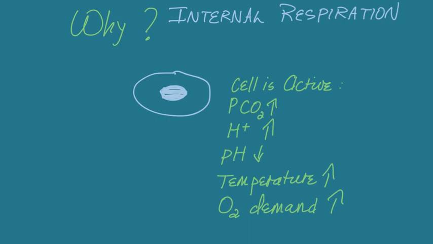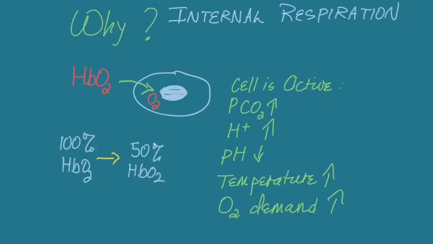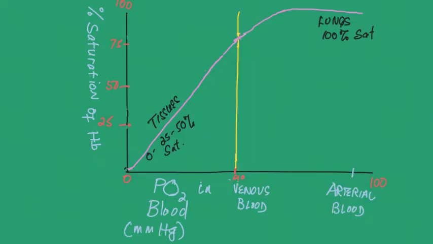This allows the hemoglobin to release more oxygen molecules into the cell. So if the oxyhemoglobin started out with 100% saturation of oxygen, it may end up being 50% saturated after it has delivered the oxygen to the tissue with a high oxygen demand.